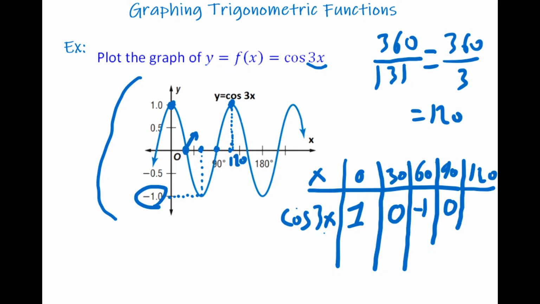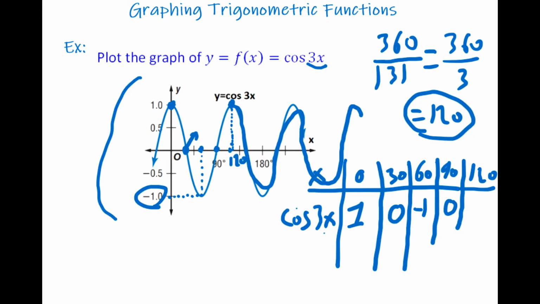Because the period is 120, for every 120 degrees, the function starts repeating itself. It goes in a similar pattern, okay? And it goes on to infinity. And this is how we can plot the graph of cosine 3x. Of course, you need to combine those points, right? If you combine those points, then you can easily plot the graph of cosine 3x.